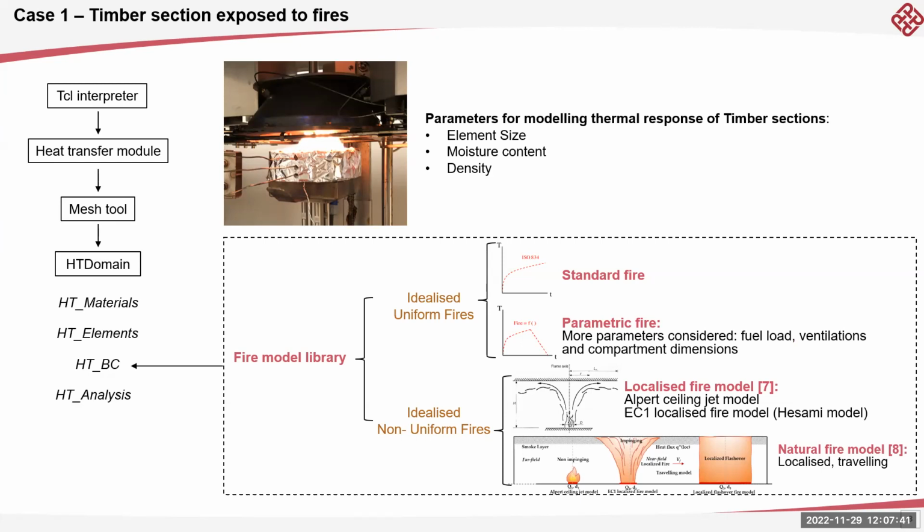And in the definition of the heat transfer boundary conditions, we have different fire model libraries, including idealized uniform fires, just like standard fire and parametric fire. And we also have the idealized non-uniform fires, just like the localized fire model and the natural fire model, which will be introduced in the afternoon's reports.